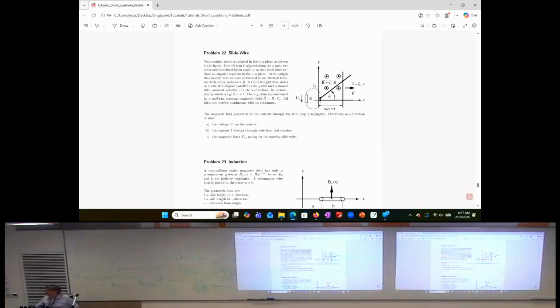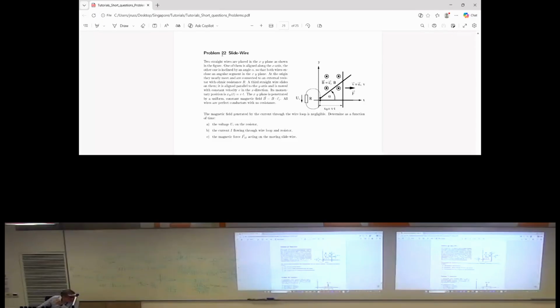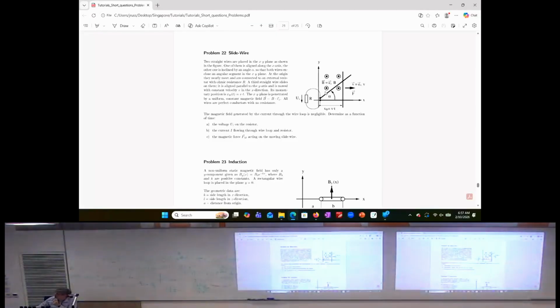So you see here, this is problem 22. You have two straight wires placed in the XY plane. One of them is aligned along the X axis, that one here, and the other one is at an angle alpha.